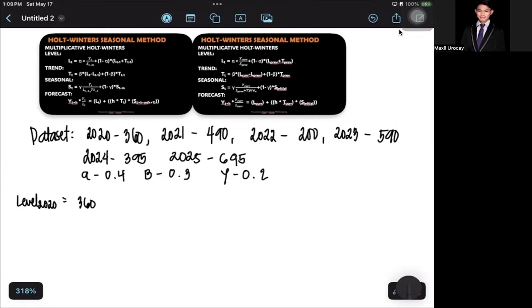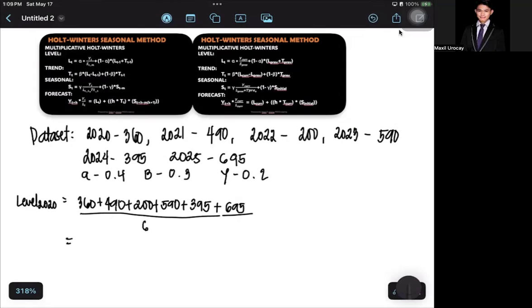The average is 360 plus 490 plus 200 plus 590 plus 395 plus 695, divided by 6.